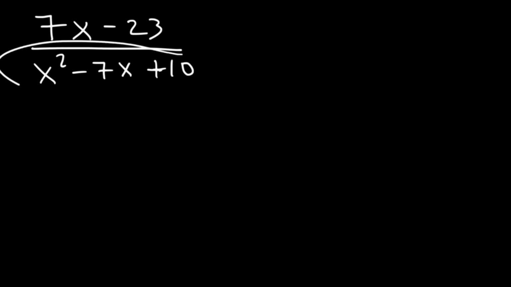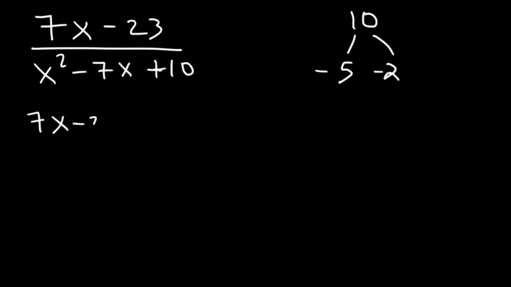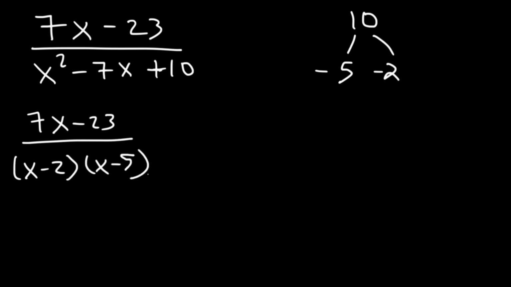However, we can factor this trinomial, x squared minus 7x plus 10. So what two numbers multiply to 10 but add to the middle coefficient, negative 7? We know 5 times 2 is 10, but negative 5 plus negative 2 adds up to negative 7. So we have 7x minus 23 divided by x minus 2 and x minus 5.